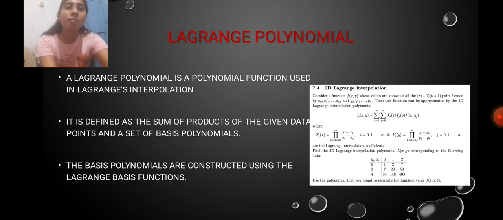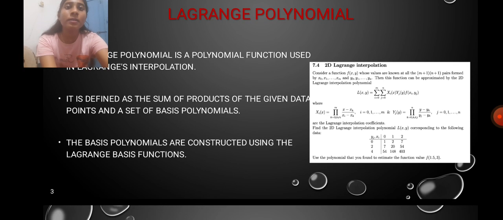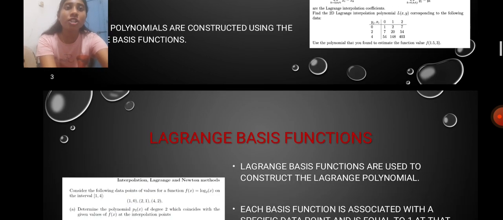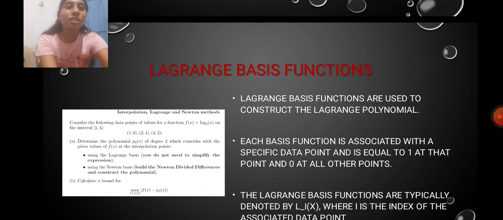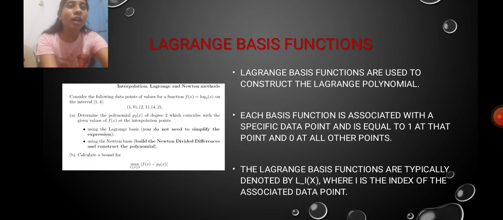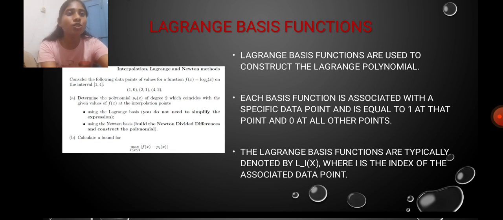It is defined as the sum of the products of a given data point and a set of basis polynomials. The basis polynomials are constructed using Lagrange's basis functions. Each basis function is associated with a specific data point and is equal to 1 at that point and 0 at the other points. The Lagrange basis functions are typically denoted by Li(x), where i is the index of the associated data point.